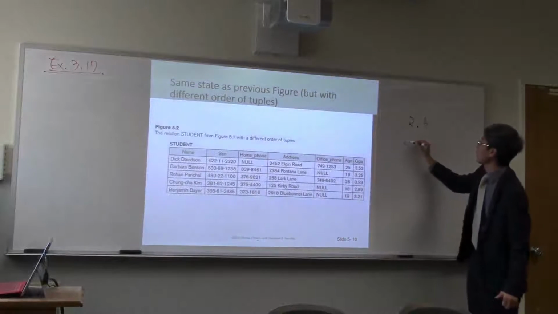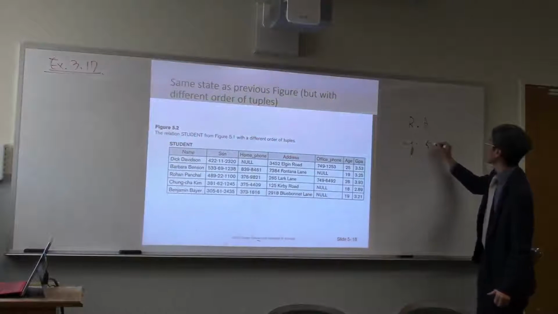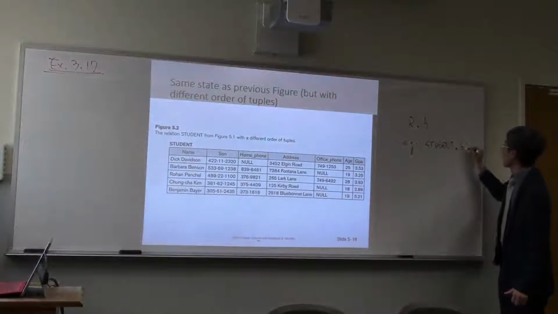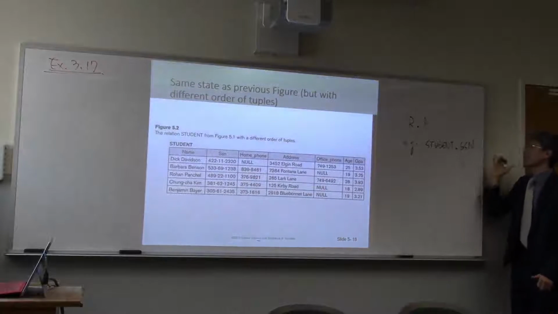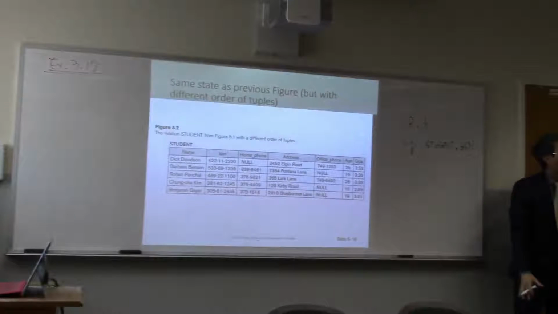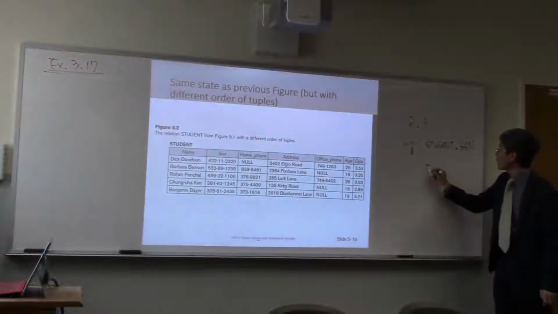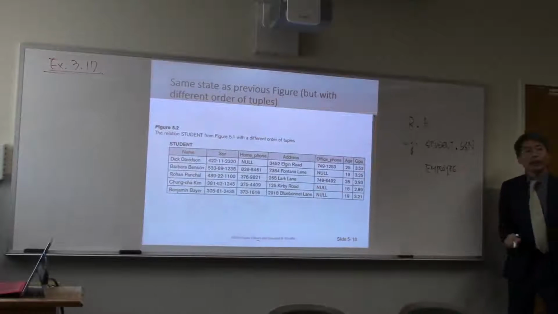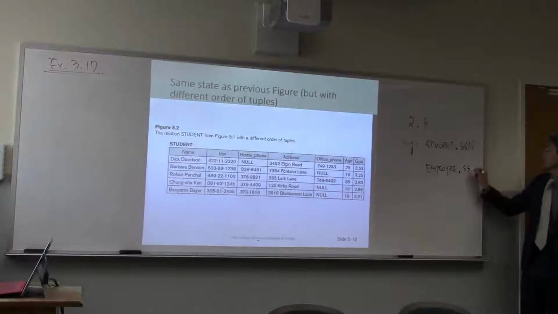For example, we can use student dot SSN. That means this SSN is an attribute of student. Why? Because we may have another relation that has SSN.